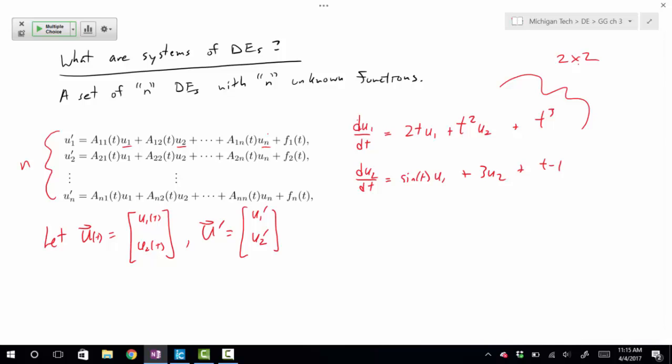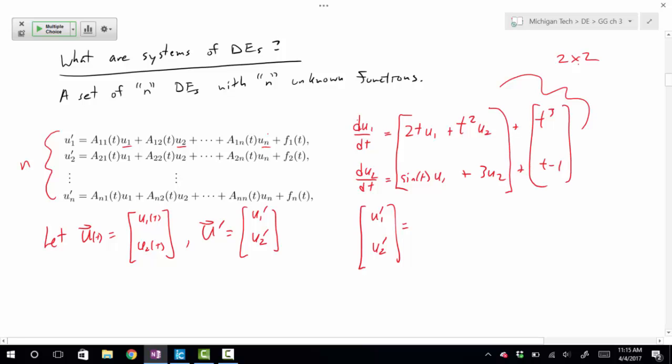Now I'm looking at my system. I'm basically doing just what I did before with my regular system of equations. Over here, I'm going to call this a vector, u1 prime and u2 prime. Over here, I'm going to grab the coefficients. I'm really going to think about this as two vectors: one vector with all the u1 and u2s, and one vector of all the stuff that doesn't have u1s and u2s. And this I can represent as matrix vector multiplication, where I grab the coefficients of those u pieces and multiply that by u1 and u2.